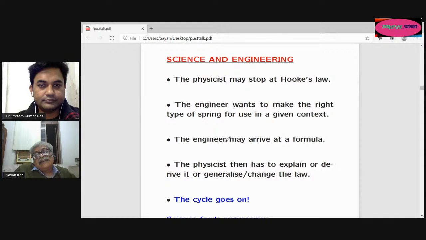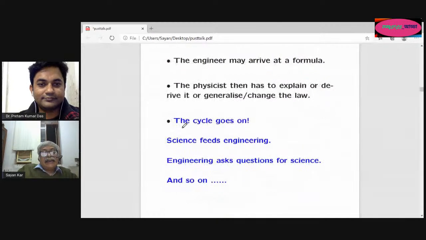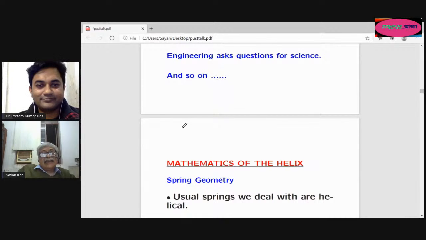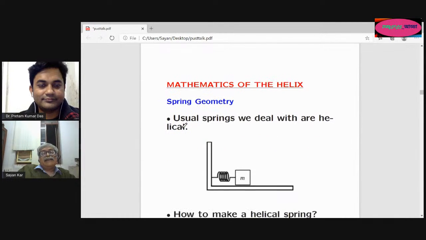And from that formula, you can actually make springs dependent on the situation that you have in hand. And that really teaches you a lot of new things as such. Okay, so let us move ahead from here and let me go to the mathematics here.